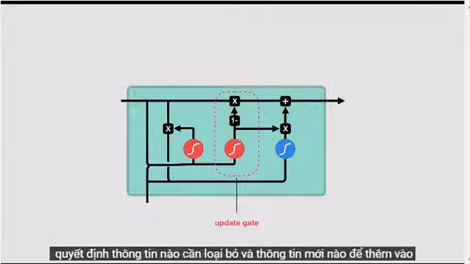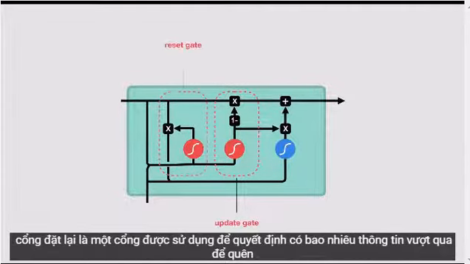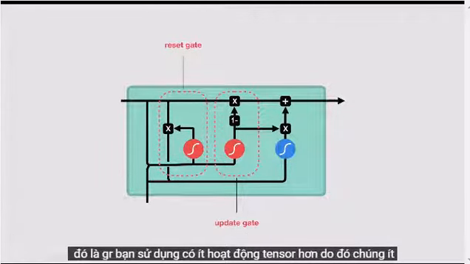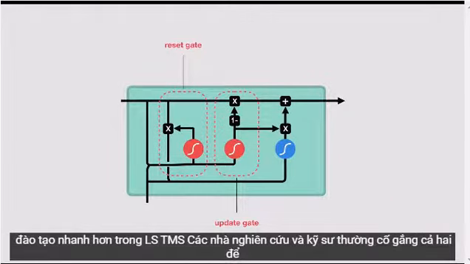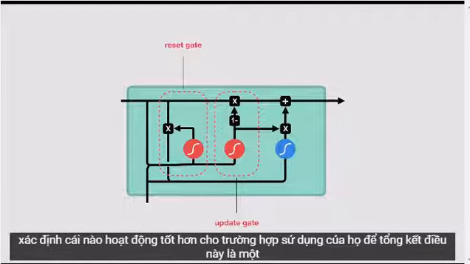It decides what information to throw away and what new information to add. The reset gate is a gate used to decide how much past information to forget. So that's a GRU. GRUs have fewer tensor operations, therefore they are a little speedier to train than LSTMs. Researchers and engineers usually try both to determine which one works better for their use case.